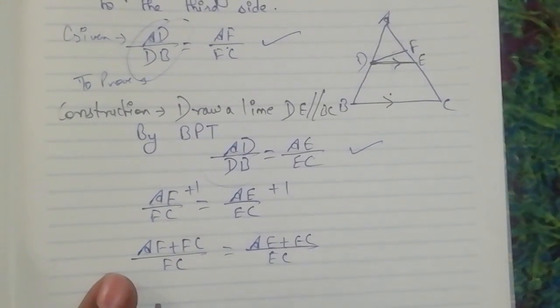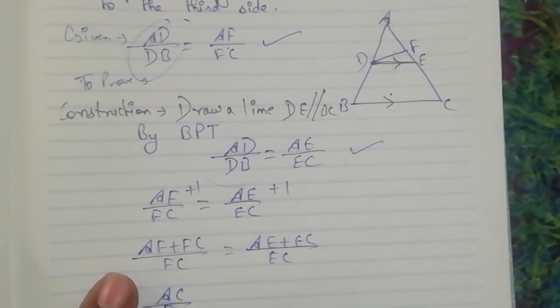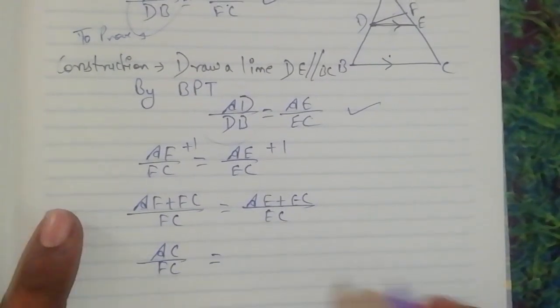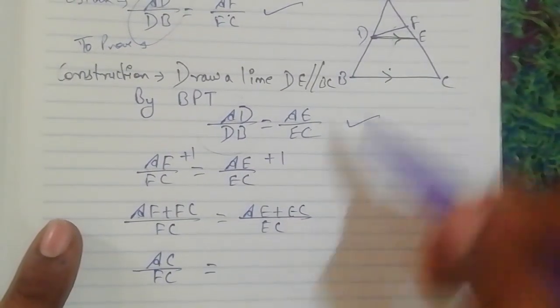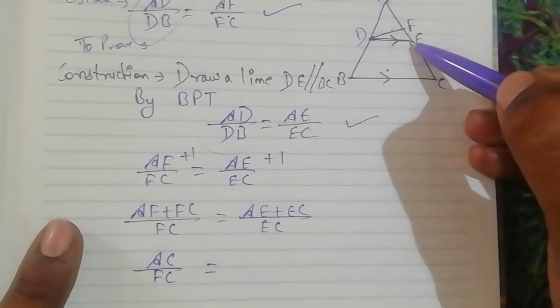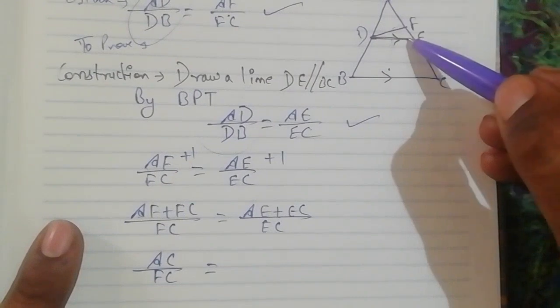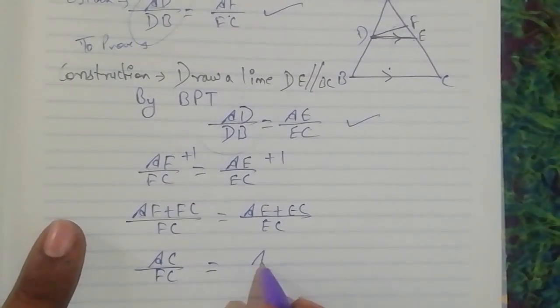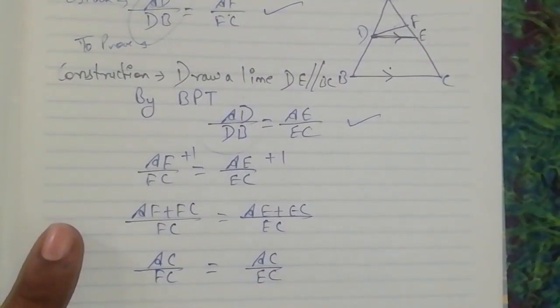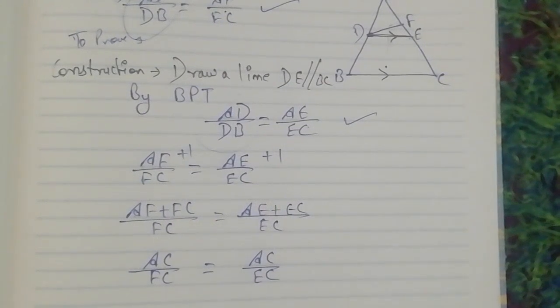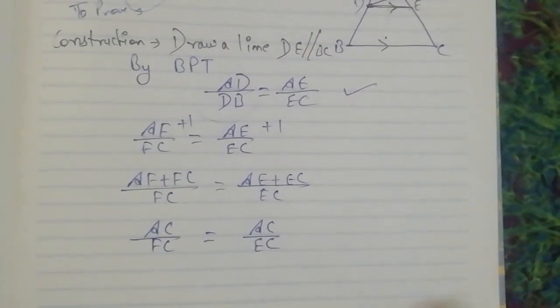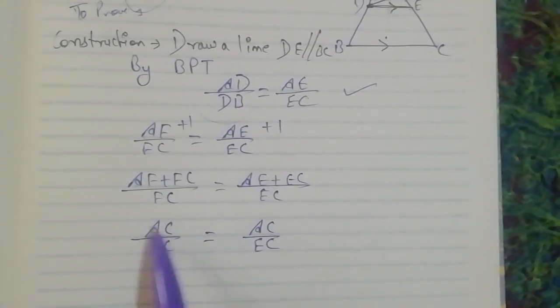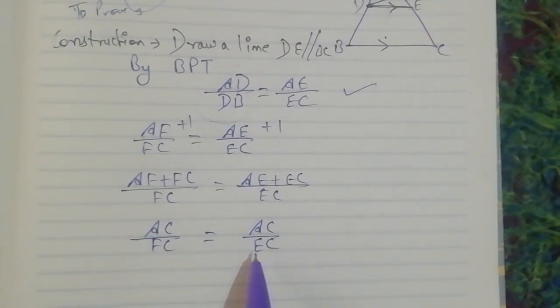So in place of this we can write AC upon FC, which will be equal to AE plus EC, that is AC, so AC upon EC. So from here, both the numerators are the same.